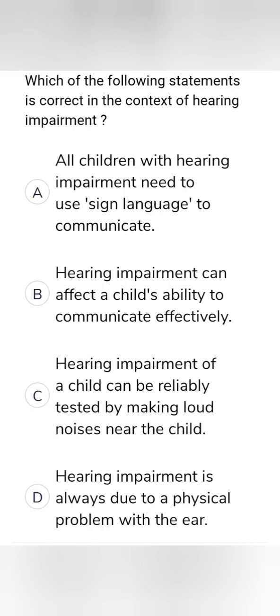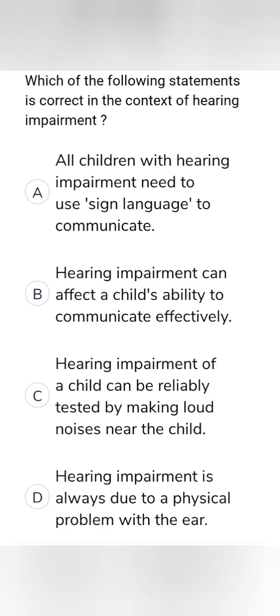Next question is which of the following statements is correct in the context of hearing impairment? Option number A, all children with hearing impairment need to use sign language to communicate. Option number B, hearing impairment can affect a child's ability to communicate effectively.